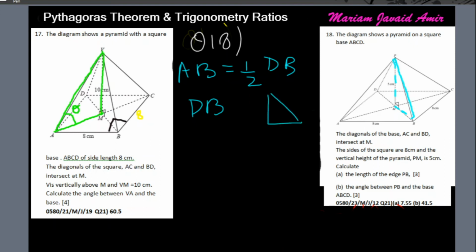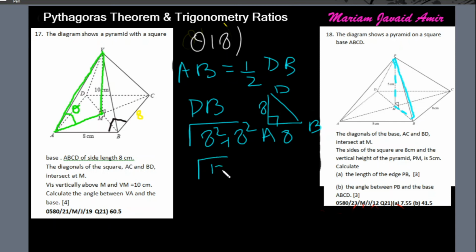So this is a right angle triangle, so let me draw that separately. This is D, this is B, this is a right angle at A, and these two sides are 8. So DB will be again 8 square plus 8 square, which I believe was 64 plus 64, under root 128. So again DB is under root 128, and this is actually MB, not AB.